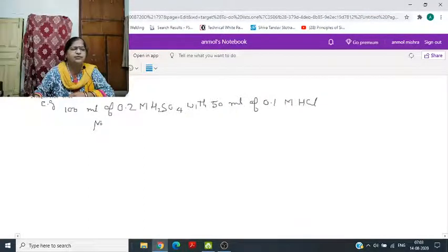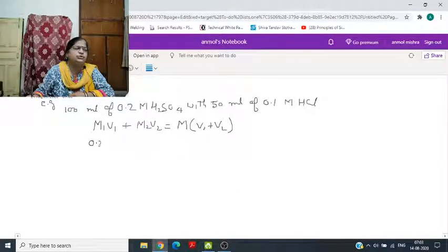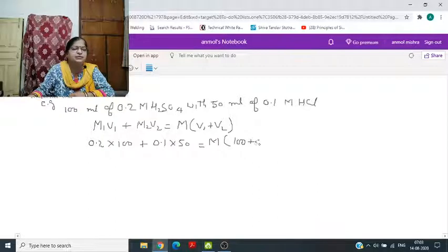For that, I have told you the formula: M1V1 plus M2V2 is equal to M(V1 plus V2). So M1 is 0.2 into 100 plus 0.1 into 50 is equal to M, which we have to find out, into the volume, that is 100 plus 50.